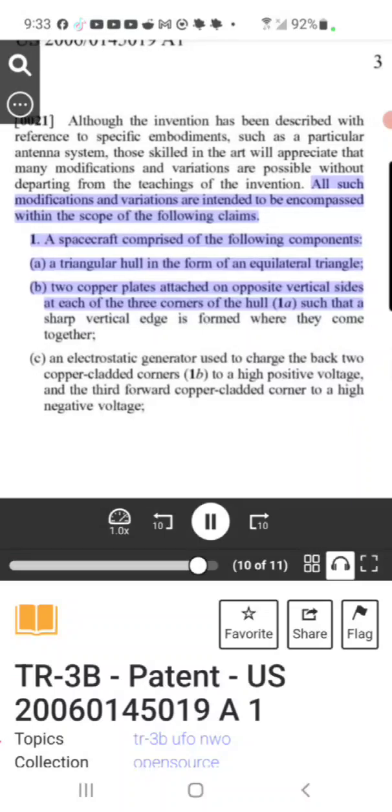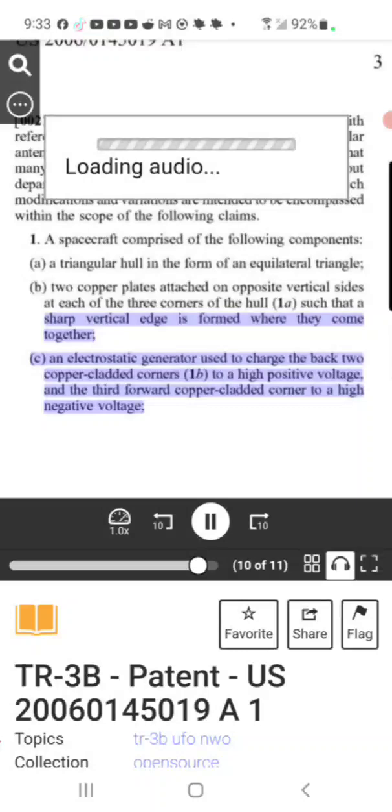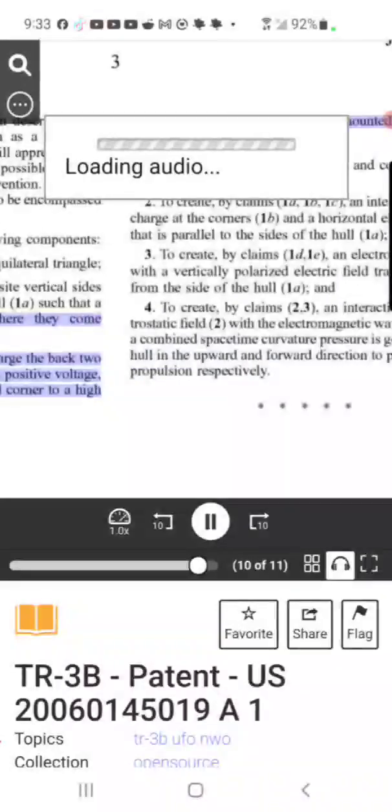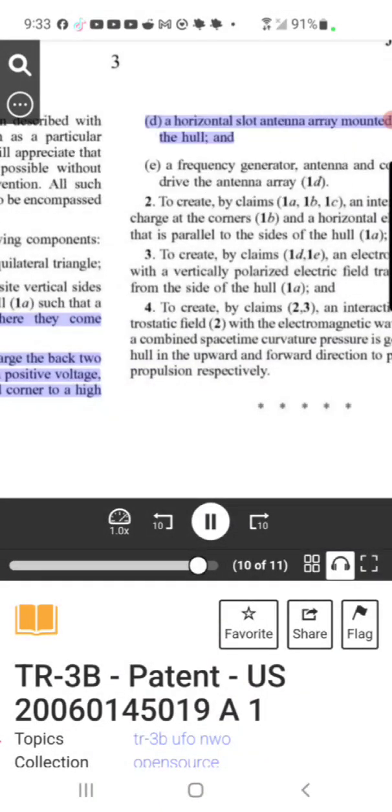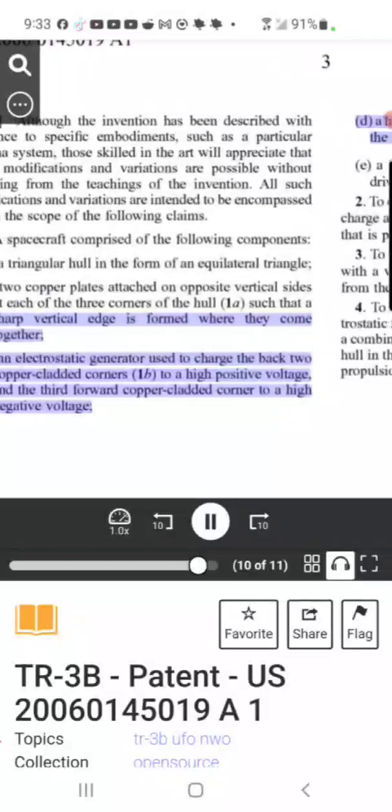1. A spacecraft comprised of the following components. A. A triangular hull, in the form of an equilateral triangle. B. Two copper plates attached on opposite vertical sides at each of the three corners of the hull, such that a sharp vertical edge is formed where they come together.